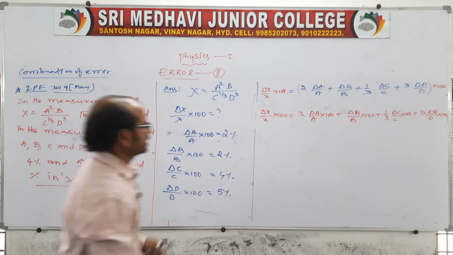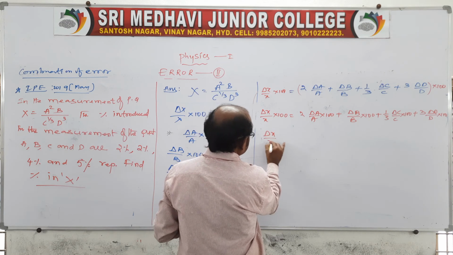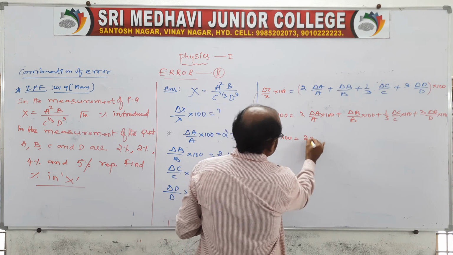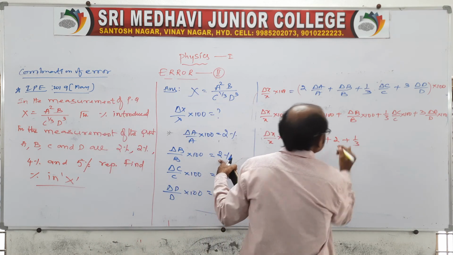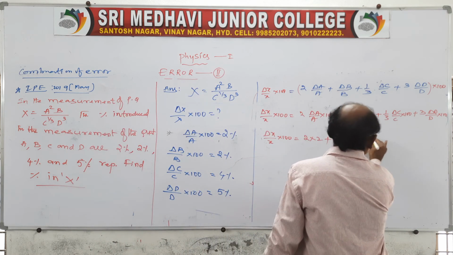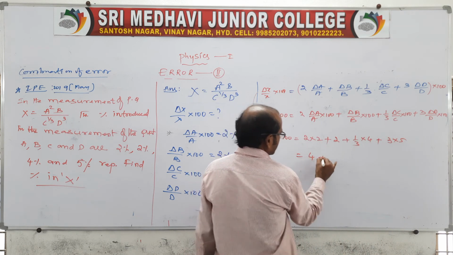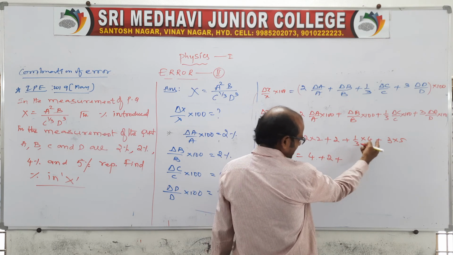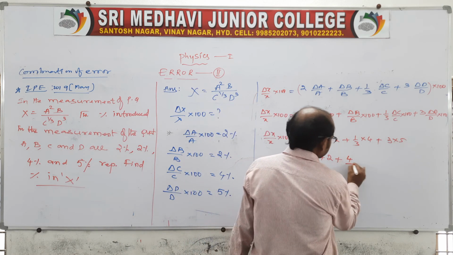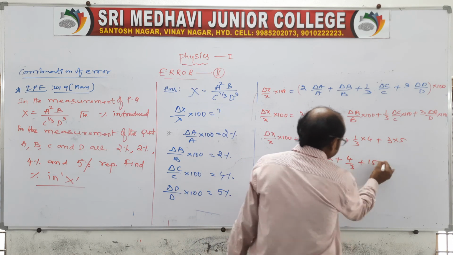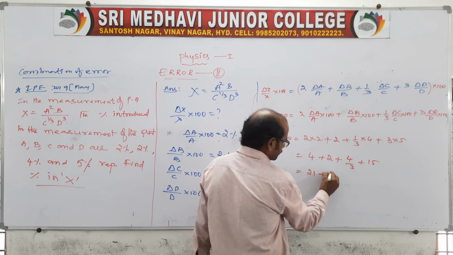Directly here delta a by a into 100 is given as 2%, that you substitute here, then we will get the answer. That is 2 into 2, plus delta b by b into 100 which is again 2, plus 1 by 3 delta c by c which is 4, plus 3 into 5. So 4 plus 2 is 6, plus 15 is 21, plus 4 by 3.